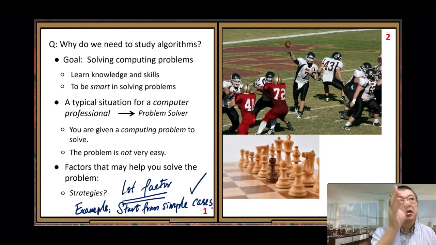sometimes you do not know to use the strategy, because it's very common. People have no idea how to start to solve this problem. But when you have no idea, at least this is one of the ideas, right?